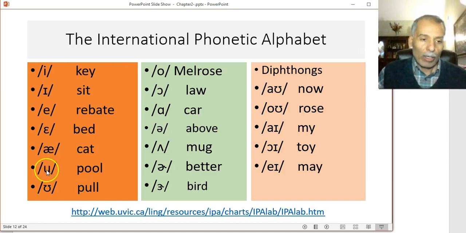And this regular one, like a lowercase u, we use to say the sound in pull, pull. So again, the two are similar in every way, except that one is longer, like the E is longer than the I.